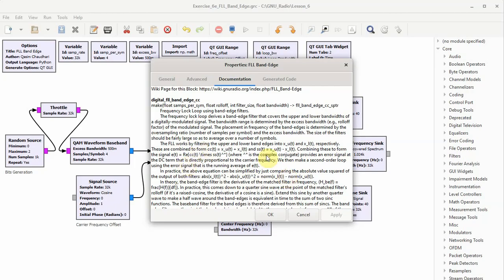The rest of the details are discussed both in the text and in the lecture, where we have formed an even band edge filter, which is CCT, and an odd band edge filter, which is SST. The even band edge filter is summing the upper and lower band edge filters, and the odd band edge filter is subtracting the lower band edge filter from the upper band edge filter. This, I think, is different than what we have covered.